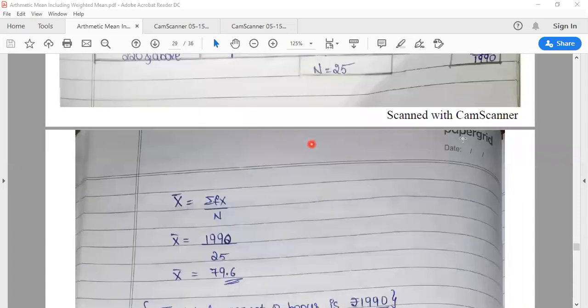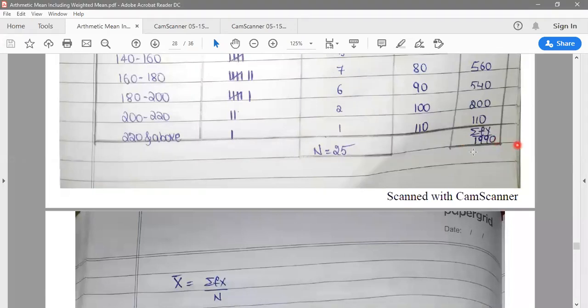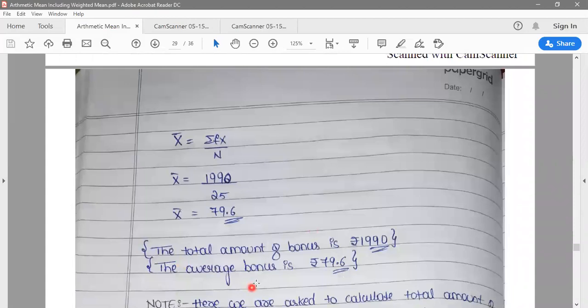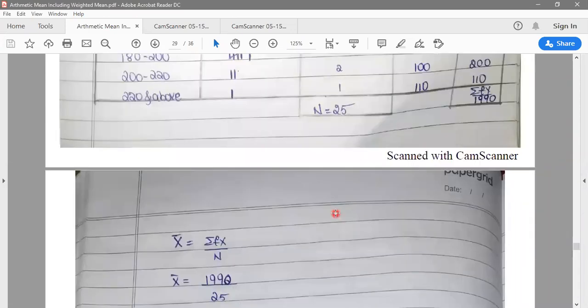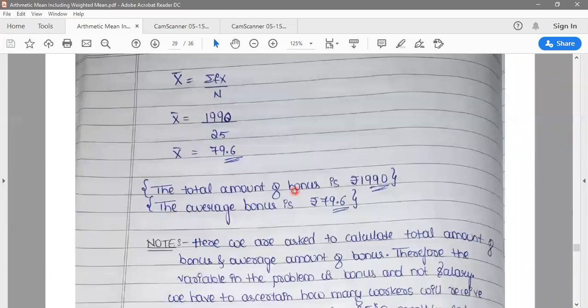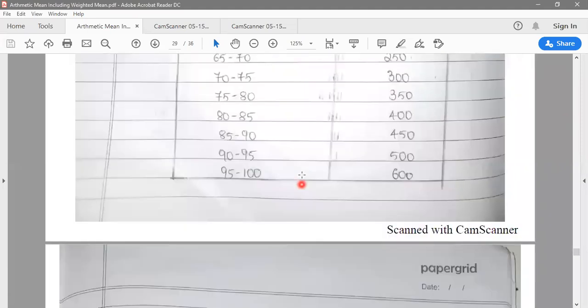Now this total of sigma fx will be the total bonus, and arithmetic mean will be the average bonus. Here again, while giving conclusions, many of them have done wrong. So the total of sigma fx is the total bonus, and arithmetic mean will be the average bonus. Clear? So that was another important problem.